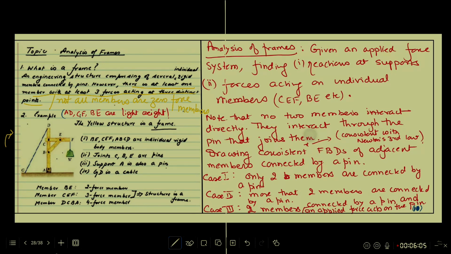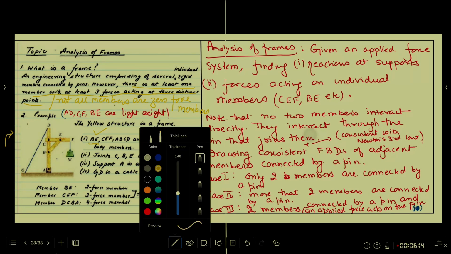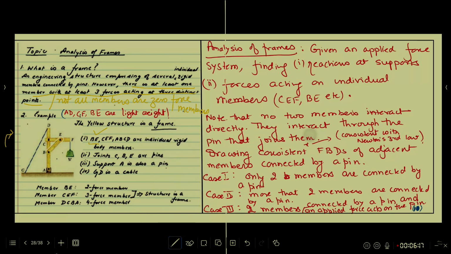Now in this yellow structure, member BE, CEF, another member, and ABCD are individual rigid body members. Joints C, B, E are pins. Support at A is also a pin joint, and GD is a cable.